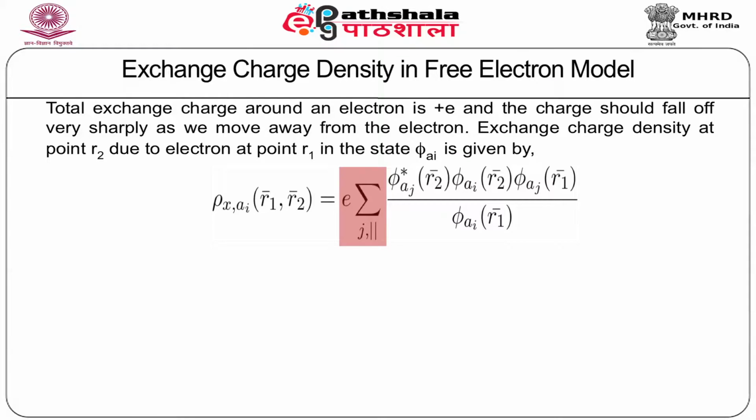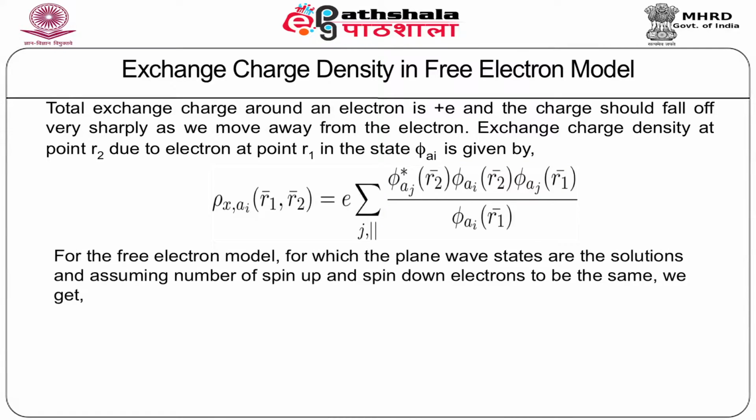It is given by a summation over j, where j are over the states or the electrons having spin parallel to that of the electron in the state i, and then we have phi j star times phi i times phi j divided by phi i.